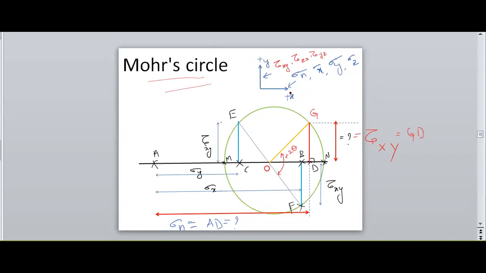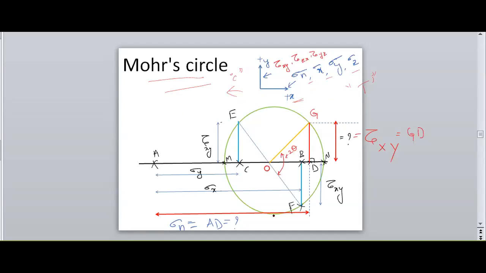The x value towards the right-hand side is considered positive, that is tensile stress, and towards the left-hand side we consider compressive stresses.